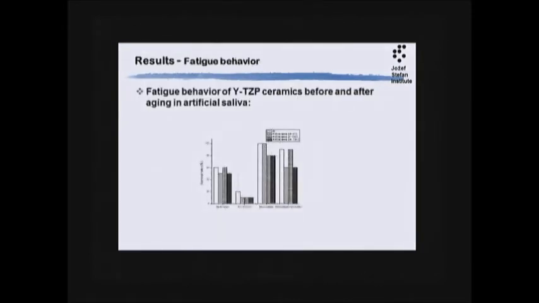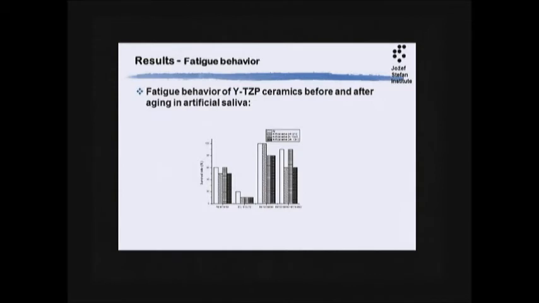And if we look at the survival rate, we had 10 specimens per group. You'll see that for the as-sintered material in air, the survival rate was 60%. They were loaded up to 60% of their strength, and after 1 million cycles, 6 out of 10 survive, 4 fail.